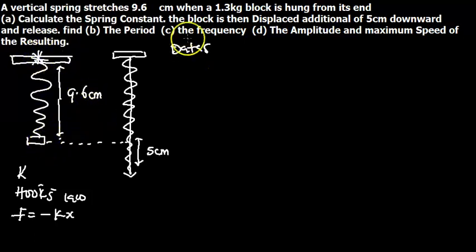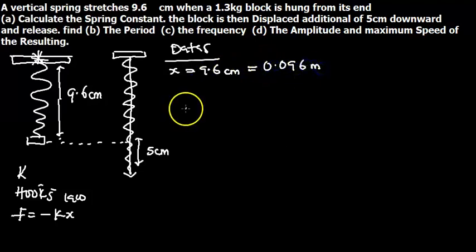So x is 9.6 cm, which you need to convert to meters, giving 0.096 m. The mass m is 1.3 kg, and we are given the acceleration due to gravity as a constant, 9.8 meters per second squared. Alright, this is just the data.